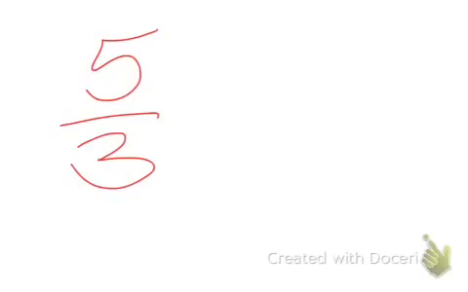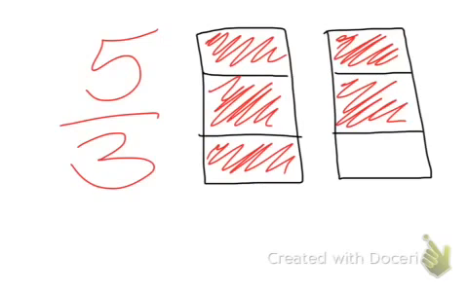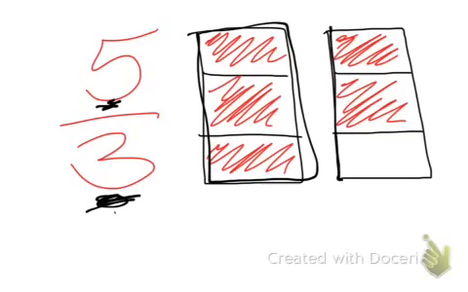Let's start with 5/3. When we look at 5/3, what that means is this drawing. We have 5 pieces when a whole is split into 3. Each one of these is a whole, and they're split into thirds, and we have 5 of them.